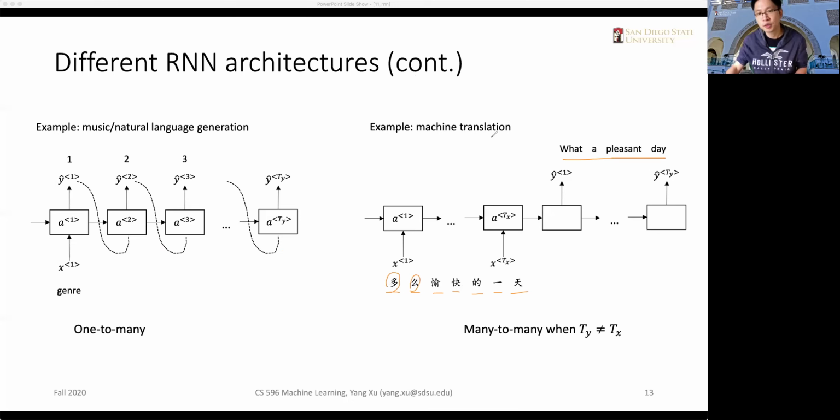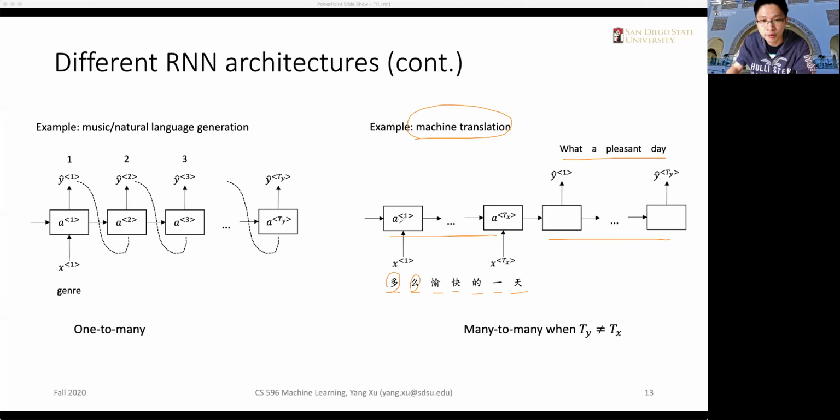This task is most commonly used in machine translation. This type of model is also known as a sequence to sequence model, because it is a mapping between two sequences.